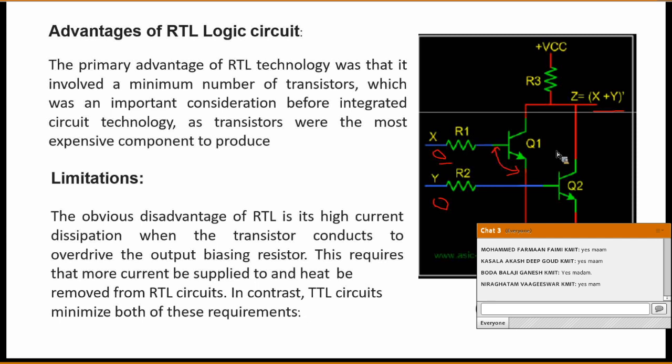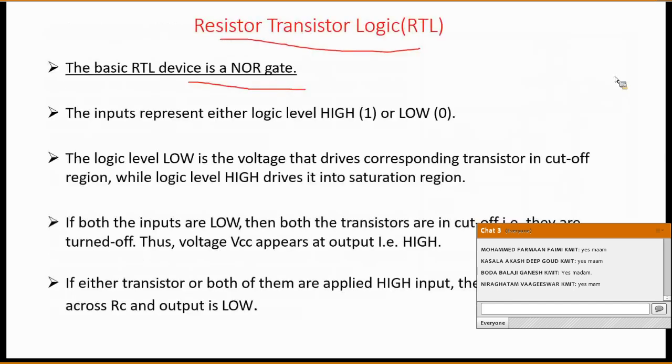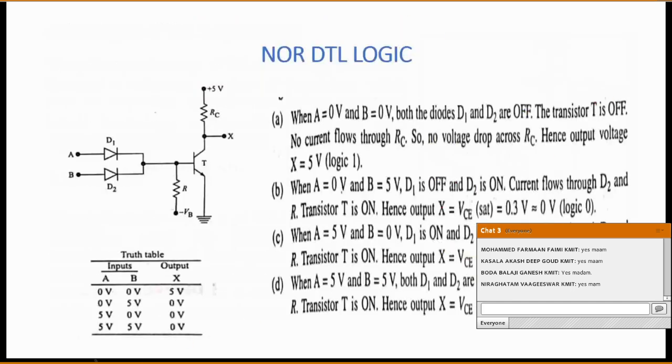So both the transistors are in off state. If both the transistors are off, it acts as an open circuit path. So the total VCC is available at the output, so the output is approximately 5 volts. 5 volts means logic 1. You can see the truth table. For 0 and 0 it is 5 volts.